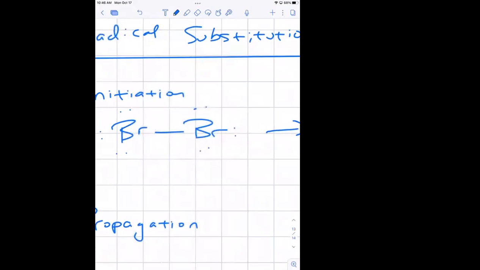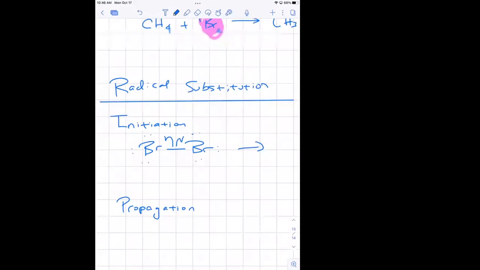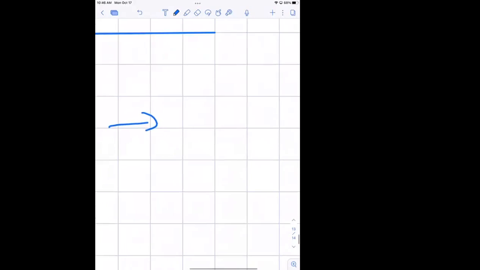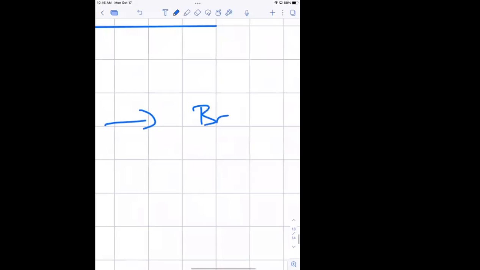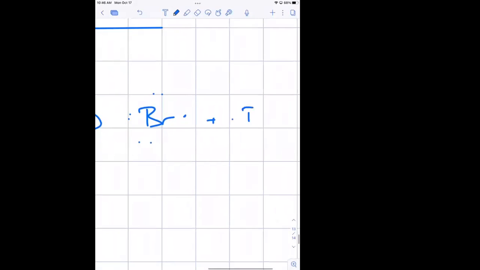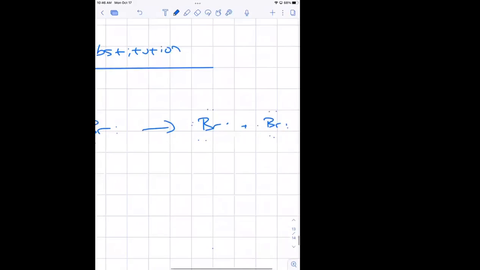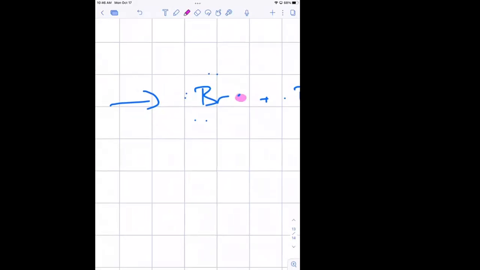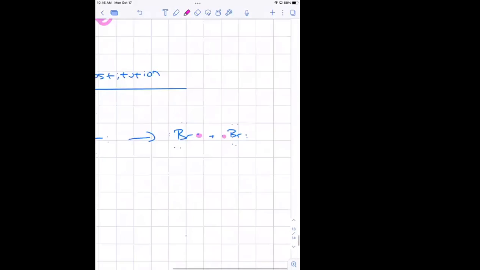So I'm going to do this. I'm going to get this plus this. It's a homolytic cleavage, and now I have a radical here and one here.